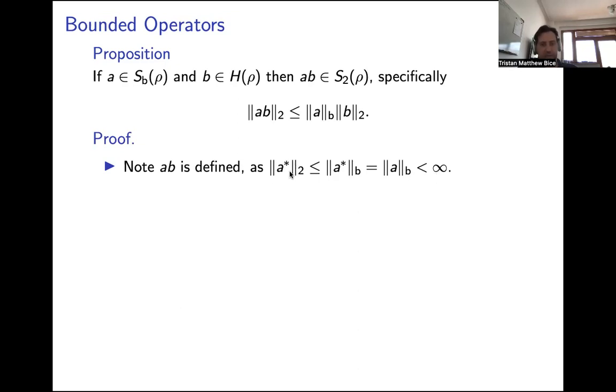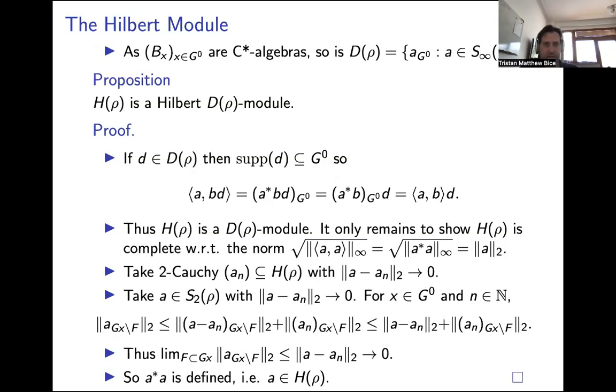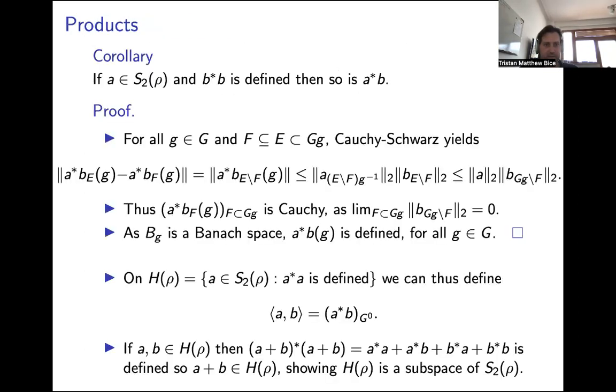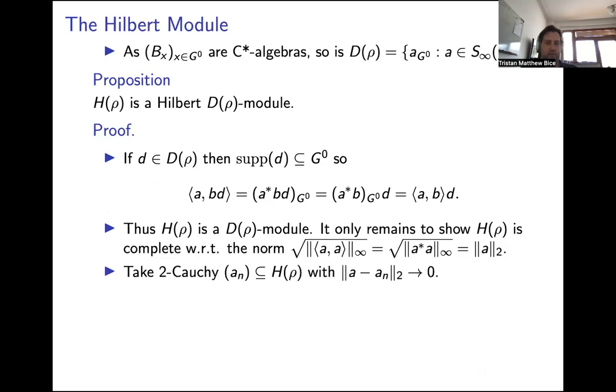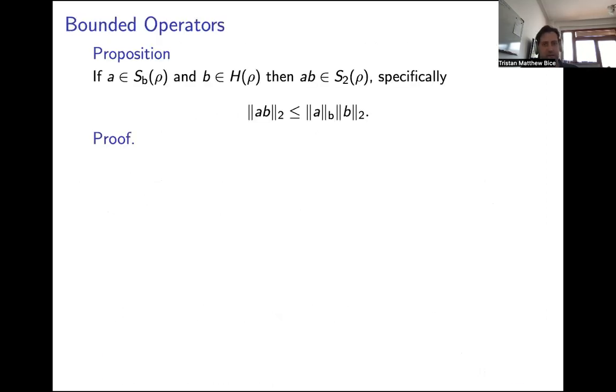And we had this result: if the 2 norm of the star of the guy on the left and the 2 norm of the guy on the right are both finite, then A star B is defined. So all we're doing is using that result here, together with the observation that the 2 norm of A star is bounded by the finite B norm of A itself.